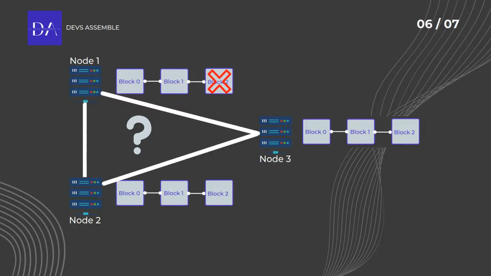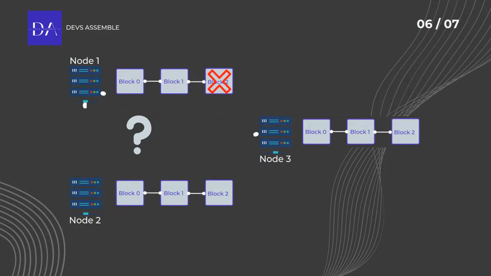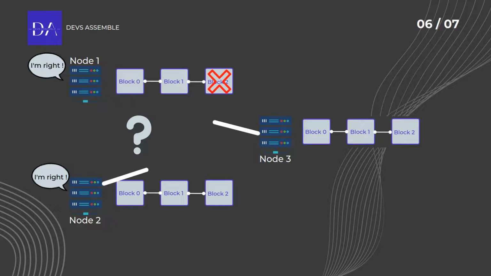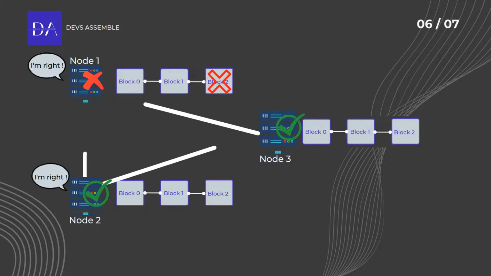At that point, we have to have more than half of the servers agree to make a decision. So in this case, we have server 1 saying I am right and server 2 saying I am right. Then server 3 follows the rule and says, you know what? Server 2 is right.